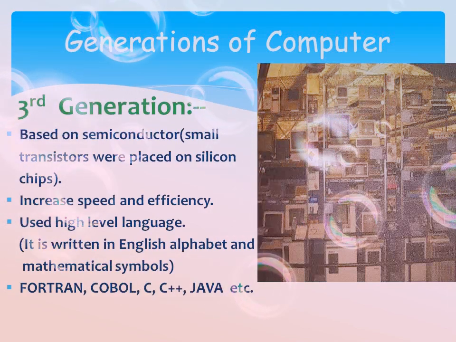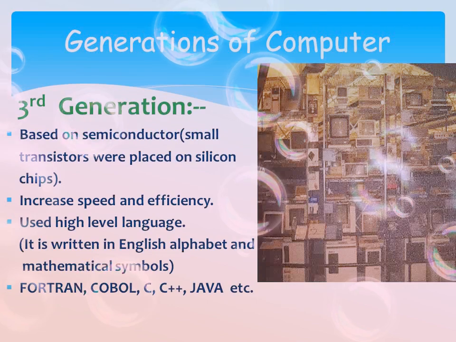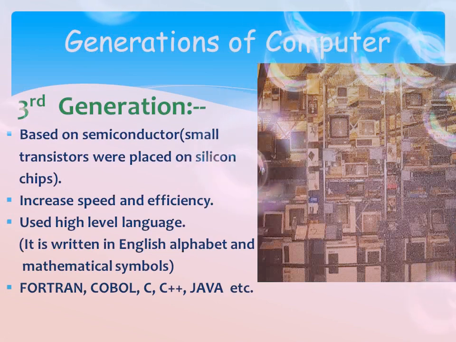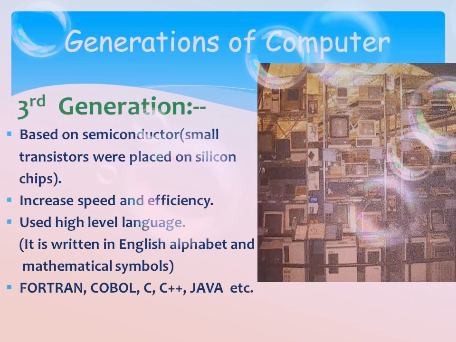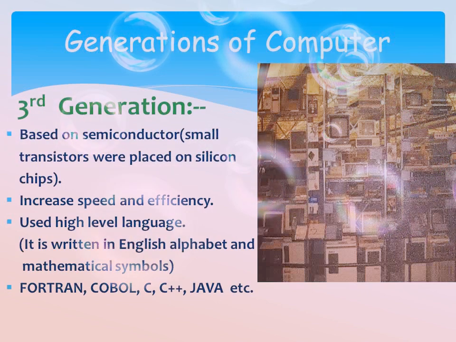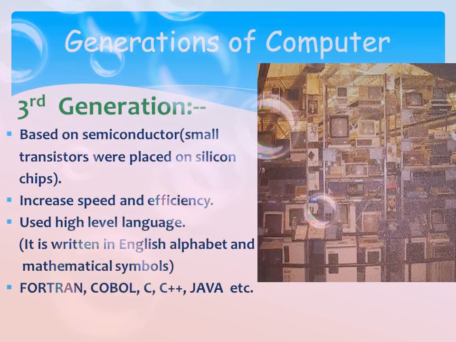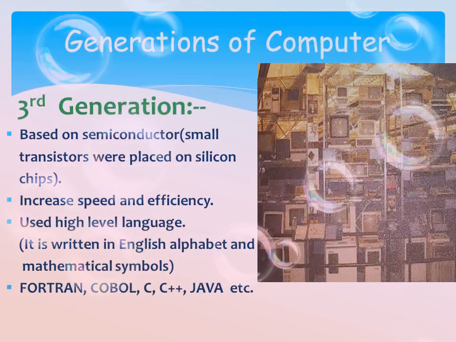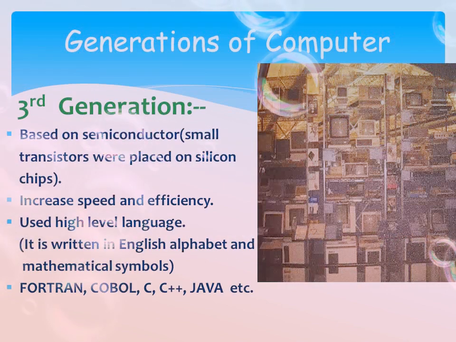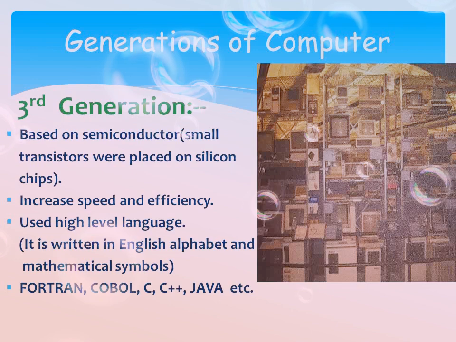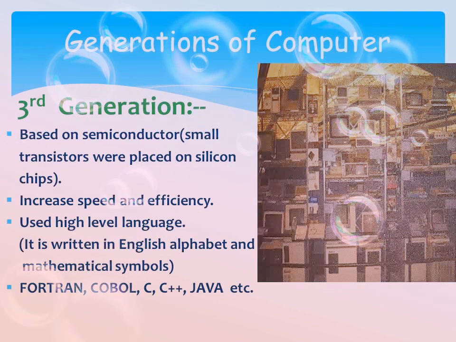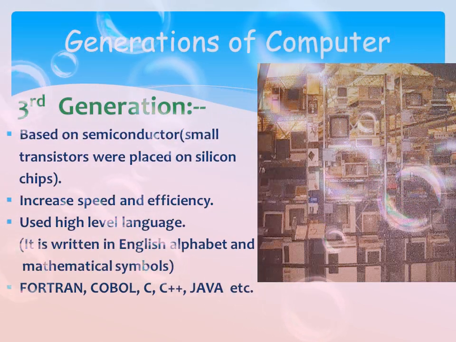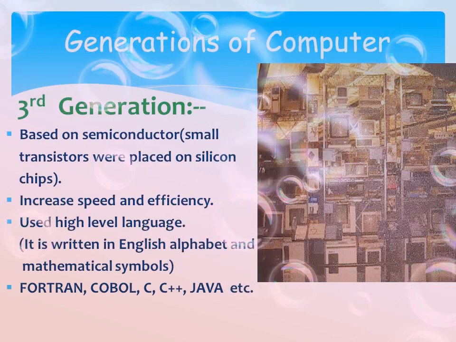But high level programming language is much easier to write, much easier to understand, and much easier to find errors. Early examples of high level programming languages are Fortran and COBOL. The modern languages such as BASIC, C, C Sharp, C++, and Java are the modern high level languages. So these are the third generation computer languages also. So this is the third generation computer.